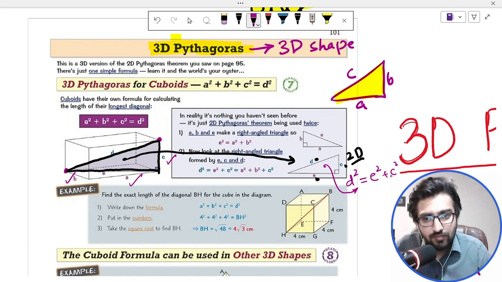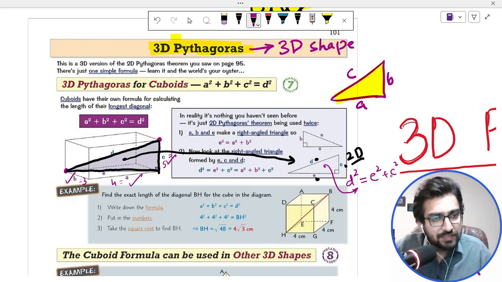Let's assume B is 3, A is 4, and C is 5. These are the three sides. What about E? E is not given. In order to apply Pythagoras theorem on this triangle to find D, we need E as well. But E is not given. What to do? This is the issue.